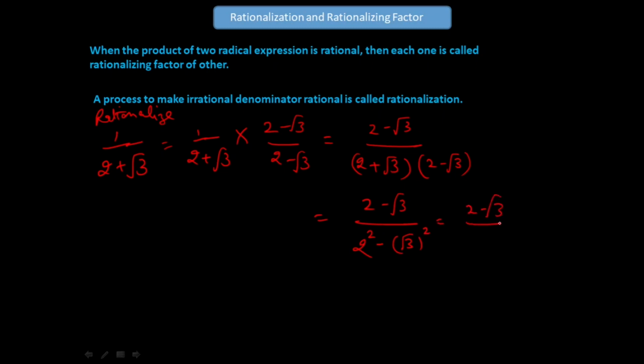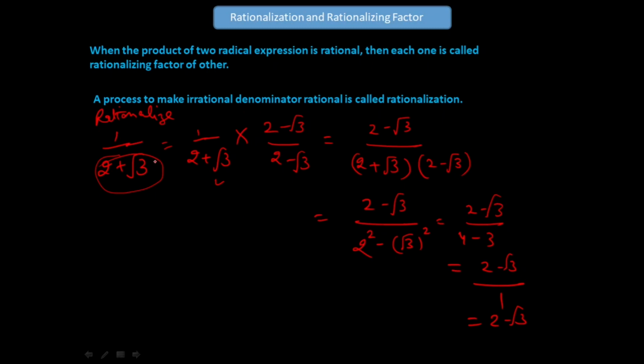This is 4 minus 3, which means 2 minus under root 3 upon 1, or you can remove 1. The denominator was an irrational number. Now it has become a rational number. That's it. So for such questions, we have to multiply and divide by the rationalizing factor of the given denominator. If it is positive, that will be negative, and if this is negative, that will be positive.